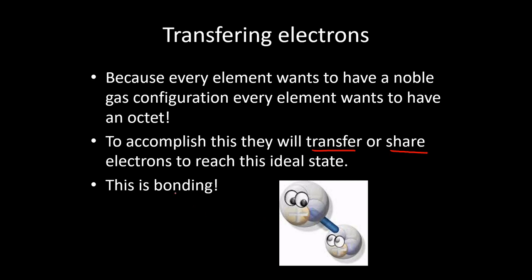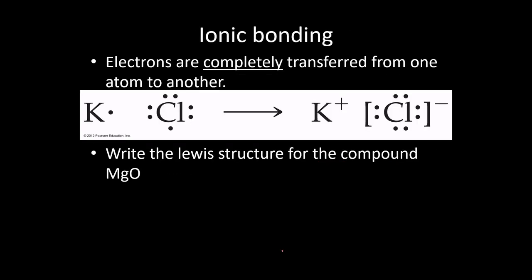And this is bonding. This is how and why things bond together, is they're trying to get to that ideal state, the lowest possible energy, which for most things is having an octet, and for our purposes, all things. As with all things in science, there are exceptions to everything, but we are not going to worry about the exceptions. We are going to worry about the rule here, which is that everything wants to have an octet.